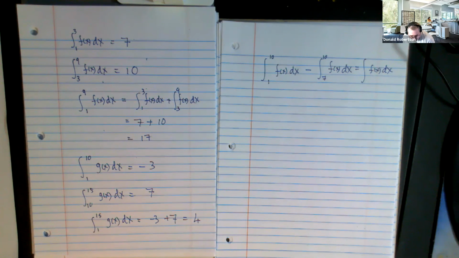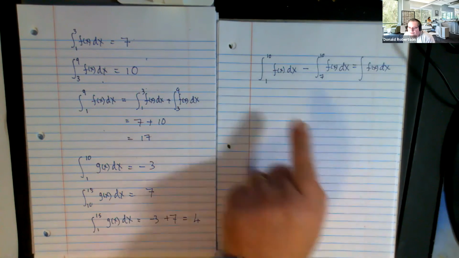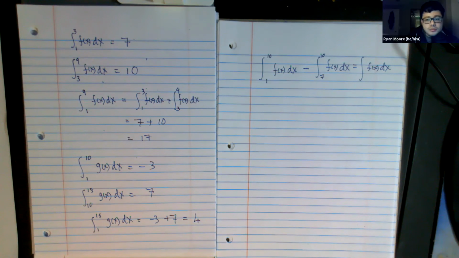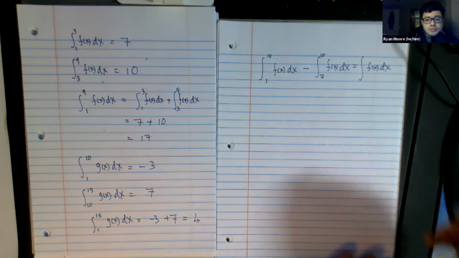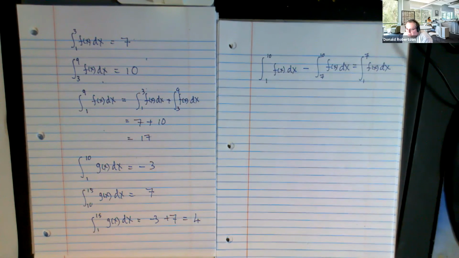What would you expect the start and finish, these are called the limits of integration, to be for this situation? 1 to 7. Does that seem sensible? Because it's right. Intuitively, can you imagine you've got a whole bit, but then you cut off the end? So aren't you just left with the start? In this case, 1 to 7.